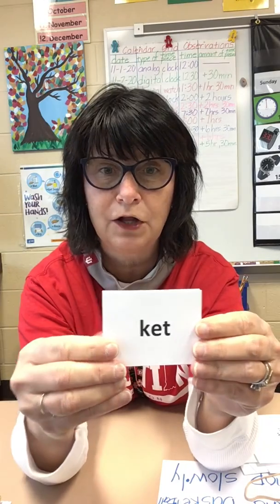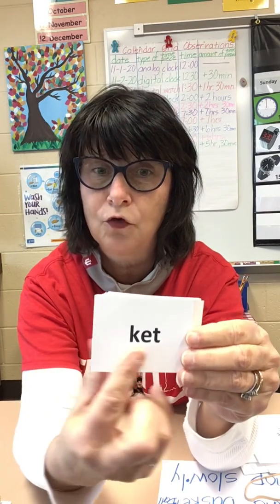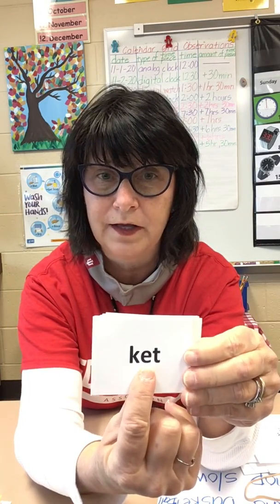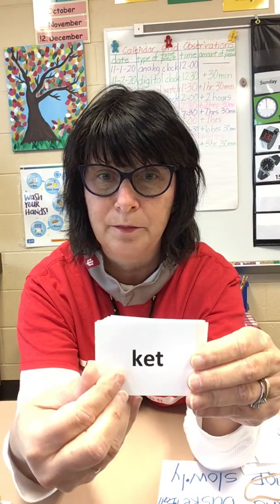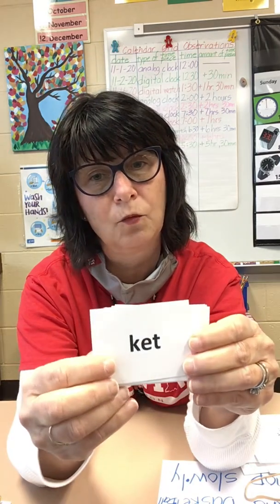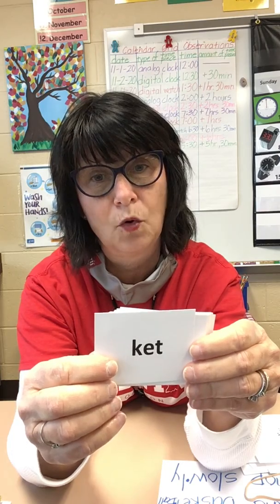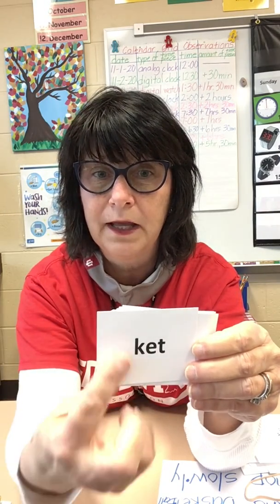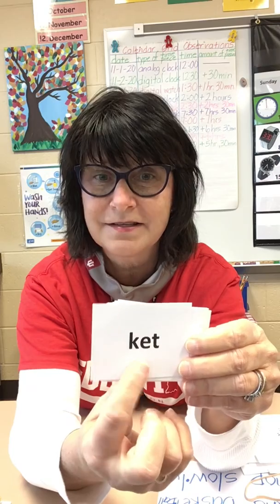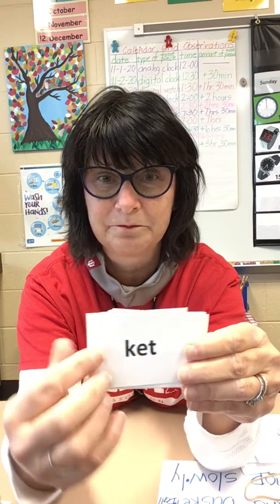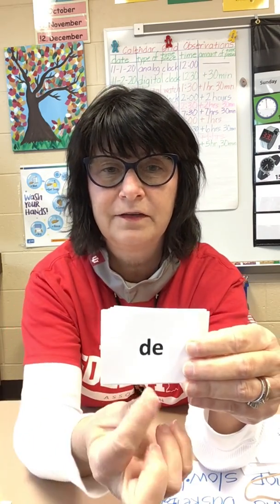Great job. And speaking of syllables, let's talk a little bit more about open syllables and closed syllables. This is an example of a closed syllable. It's closed because the vowel is closed in by consonants on the front and the back. This would be like in the word basket. Or if it's in the front, it could be ketchup. This is an example of an open syllable.